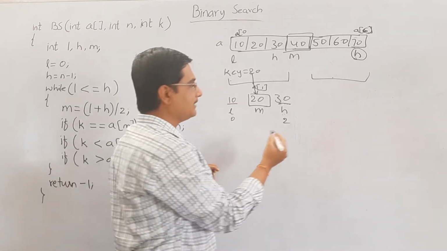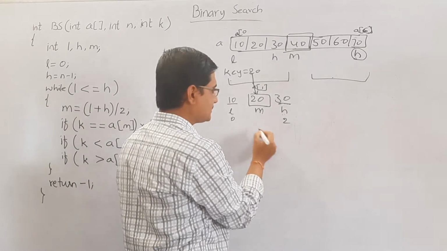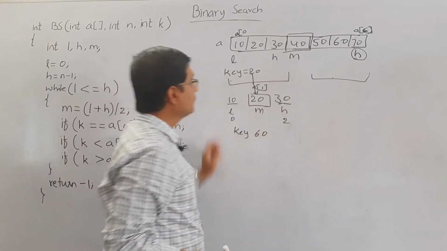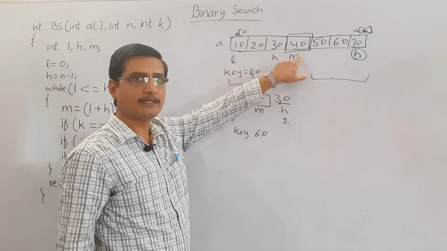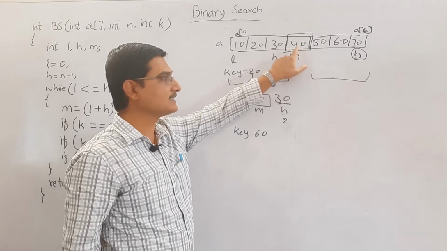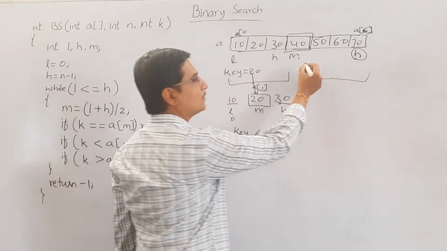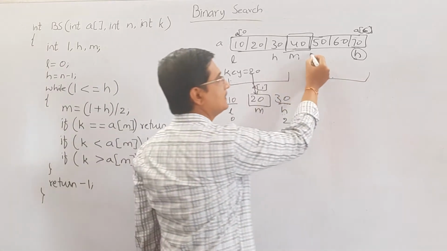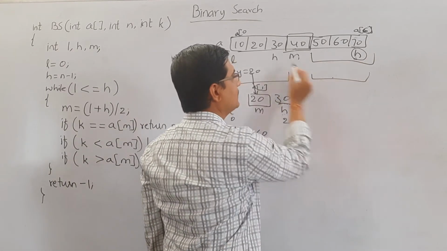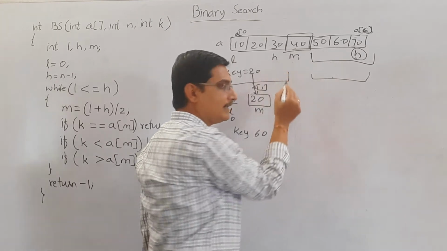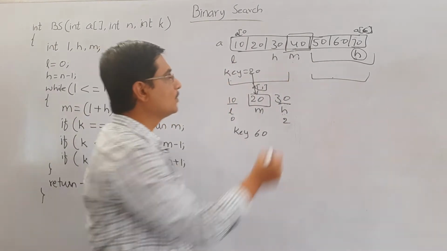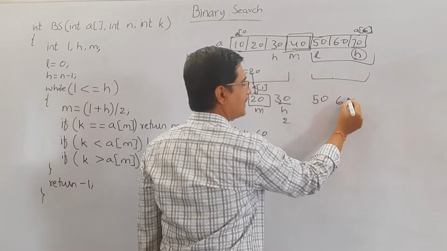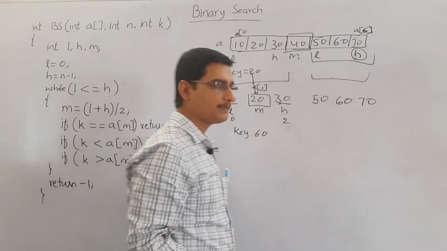Say if the key is 60, assume this case. First it is matched with the middle element. 60 is greater than 40, so directly it goes to the right part. That is, we need to search only in this part. So in that case, we reinitialize the index low to mid plus 1. Now we need to search only in this part of the array.